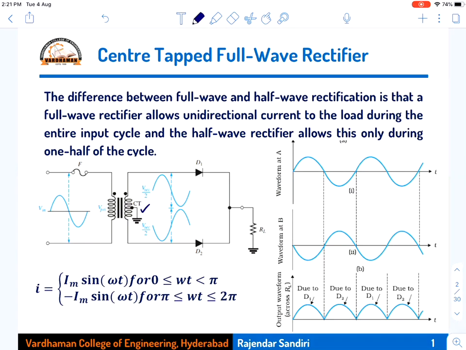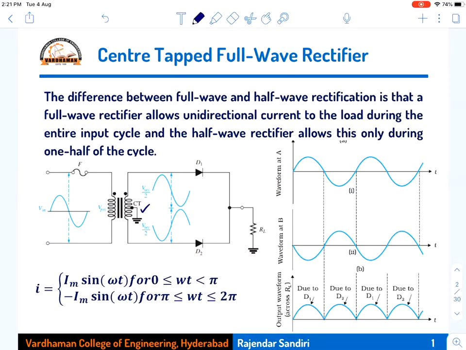Okay, so what is the operation of a half wave rectifier? You already know. It will conduct only for half cycle. So now two half wave rectifiers are connected here, so that one diode is responsible for conduction of half cycle. The other diode is responsible for the conduction of the rest of the half cycle.